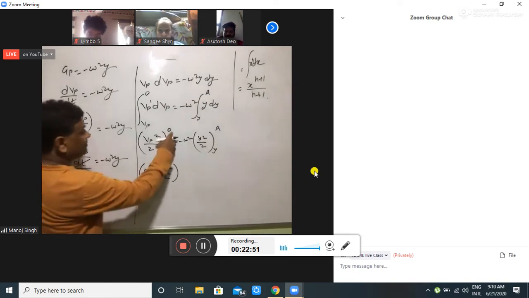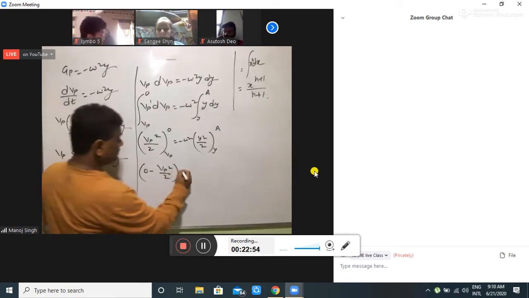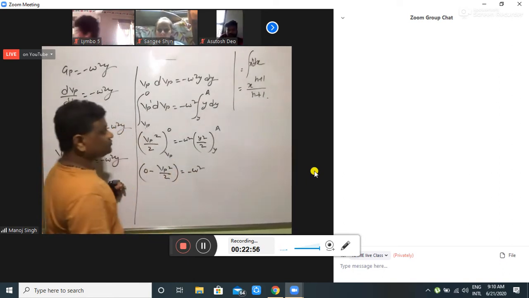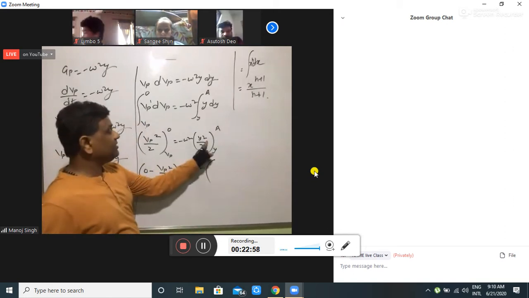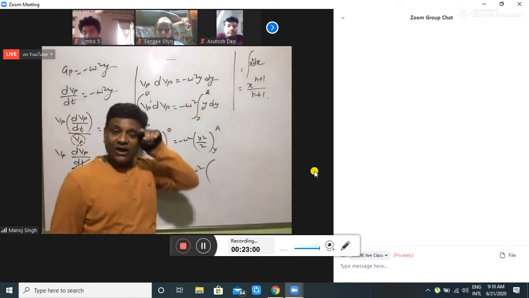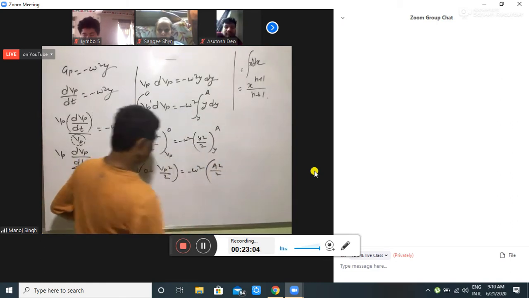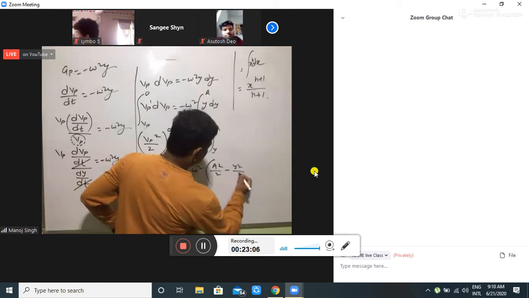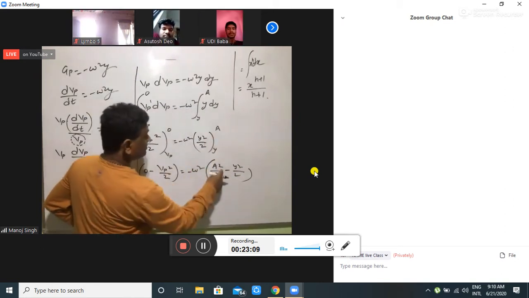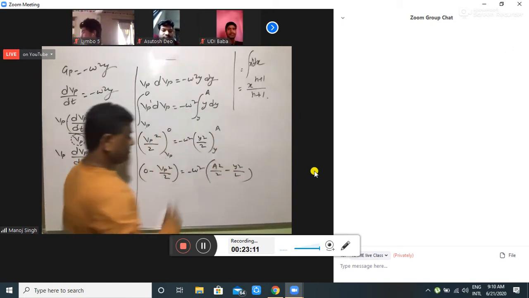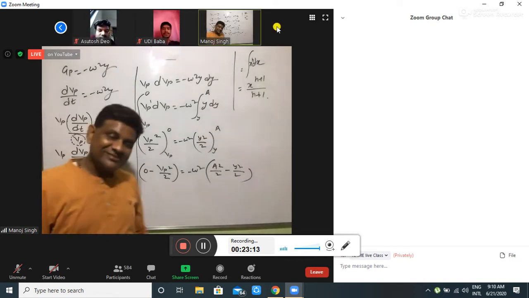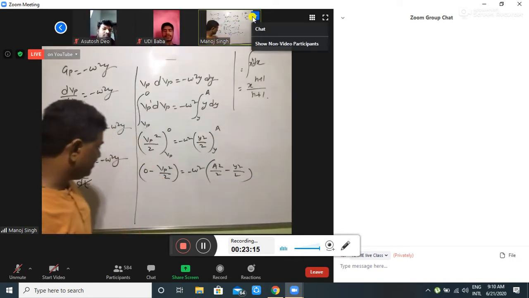This is equal to minus omega square into, upper limit of y is equal to a, so it is a square by 2 minus y square by 2. Upper limit minus lower limit here.